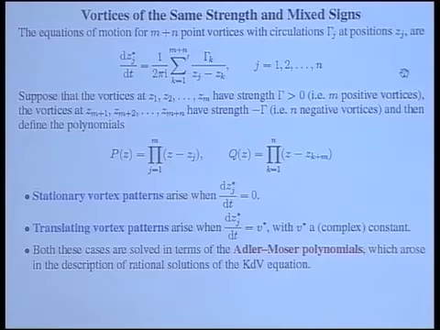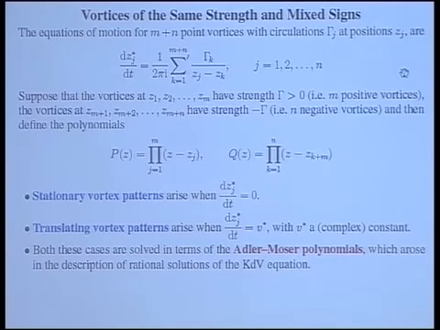And then I'm going to define the polynomials p and q such that p has roots at the vortices with positive strength, and q is a polynomial with roots at the vortices of negative strength.